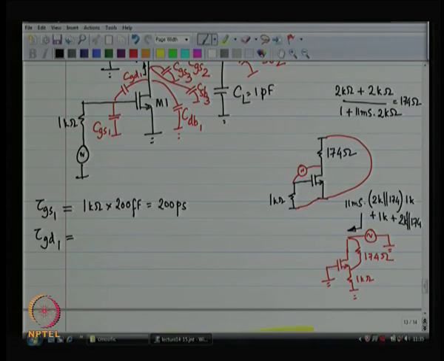So net what you get is something like 292 ohms or 2.9 kilo ohms, I am sorry, and the capacitance is 50 femtofarads. So from 600 picoseconds you have dropped to 146 picoseconds. Certainly you have done a good job.